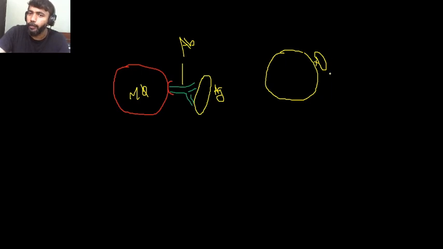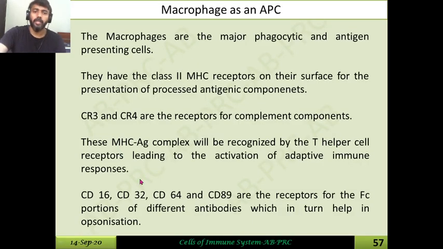And the possibilities are less compared to this one, because here there is a connecting external molecule to connect the antigen to the phagocytic cells. So this mechanism we call opsonization. Instead of antibody, the complement proteins can also do a similar function. Okay, so that's about the capacity of these macrophages to act as antigen presenting cells.